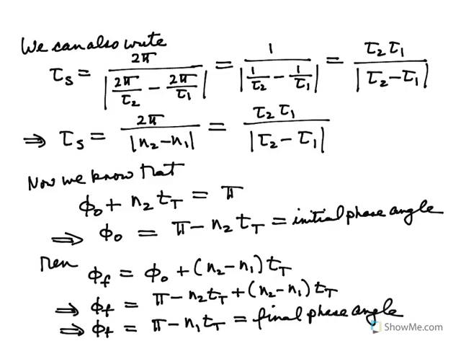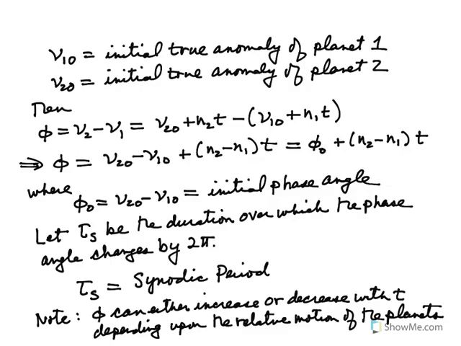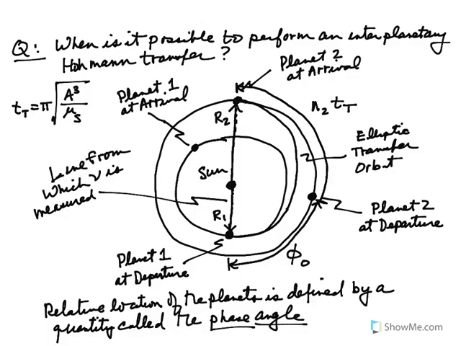So now let's mark that on this diagram. There is the final phase angle right here. This angle is phi f. So that completes the outbound interplanetary Hohmann transfer, timed in such a way that we leave at the same point where planet 1 is and arrive at the same point where planet 2 is.